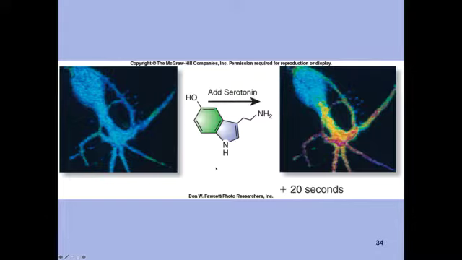Here we have a nerve cell in brain tissue, and over here they added, I think it was some serotonin. Yeah, they added serotonin to the mix, and within 20 seconds, cyclic AMP was being signaled throughout the cell. Look at all of that cyclic AMP. This is all the result of cell signaling, this change in color. So in 20 seconds, they can start changing what a cell is doing and producing.